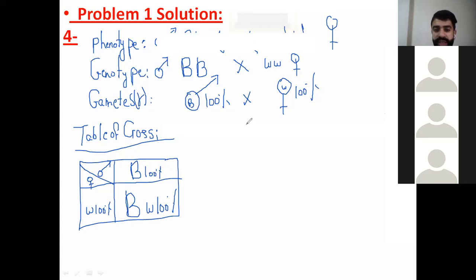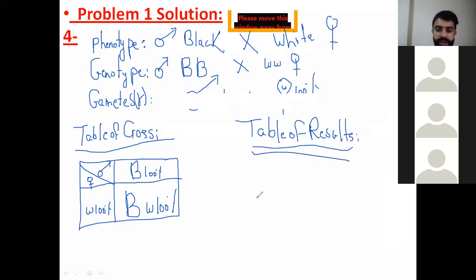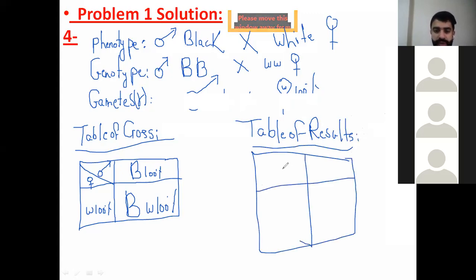So the last step is the table of results. In the table of results, we have to put genotype and phenotype.